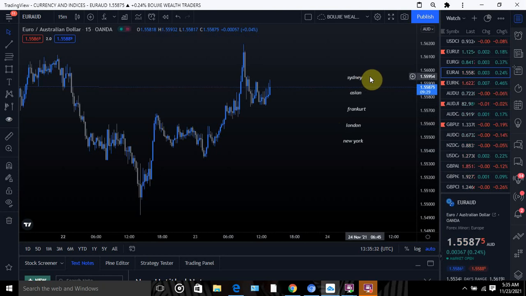The Sydney session opens at 10 p.m. and closes at 12 o'clock. The Asian session opens at 12 o'clock, then closes at 6 a.m., which is a 6-hour session.